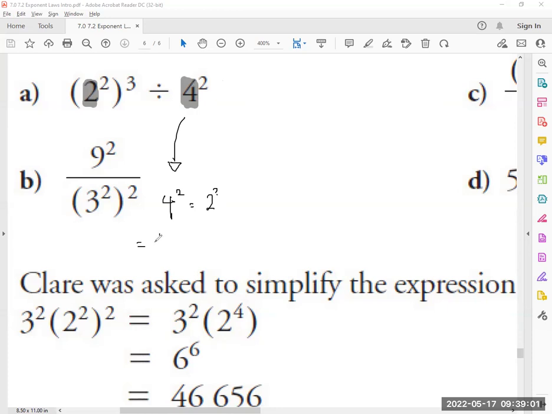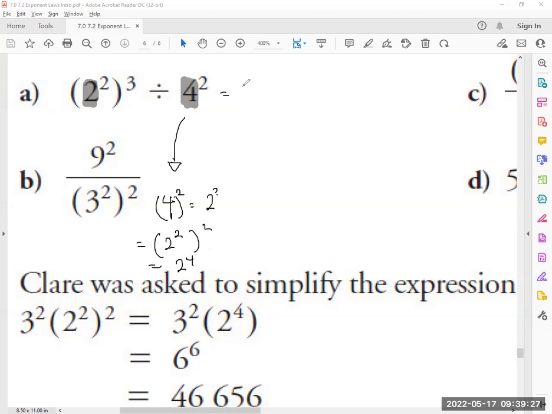What is 4 in terms of 2? How many times do I multiply 2 to get a 4? Yeah, this would be 2 times 2. So instead of writing it out, I'm just going to go straight. I think you can handle that. 2 to the power of 2 is the same as 2 times 2. And so that is equal to 2 to the power of 4.